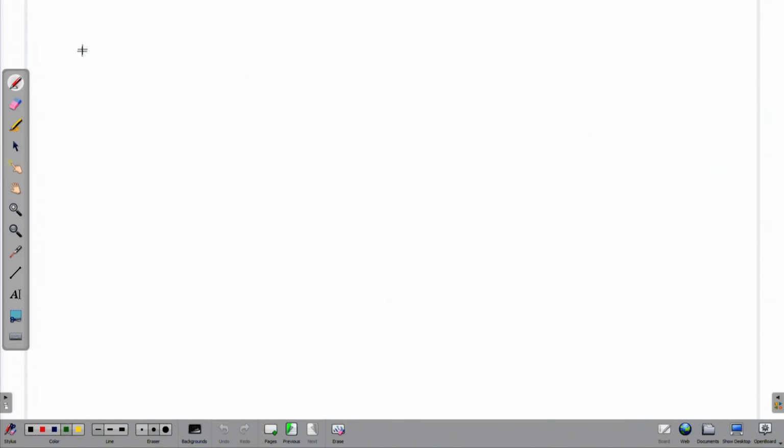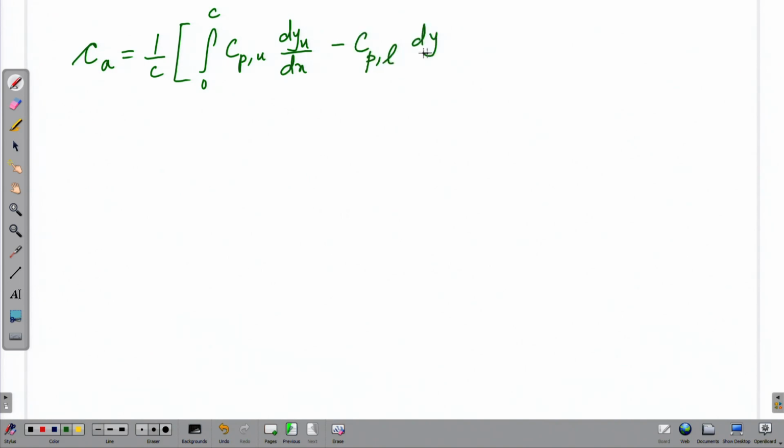In a similar manner, you can write an expression for axial force coefficient. As long as you have details of the geometry, the dy dx values can be computed at each and every point, and thereby you can numerically integrate these expressions.